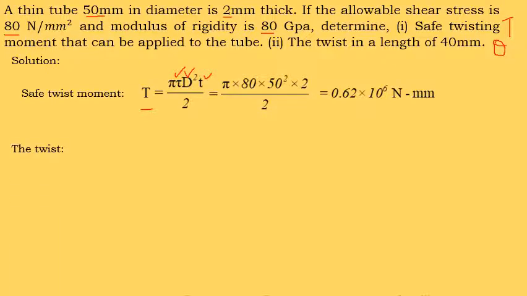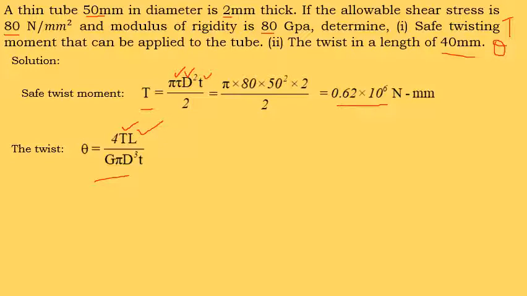Next, to find the angle of twist, theta is equal to, this is the equation for thin circular tube, 4TL divided by G into pi into d cube into small t. So capital T is 0.62 into 10 to the power of 6. Length is how much? Length is 40 millimeter, correct?